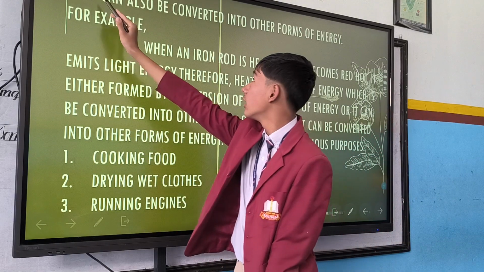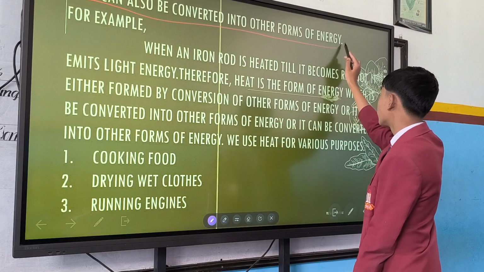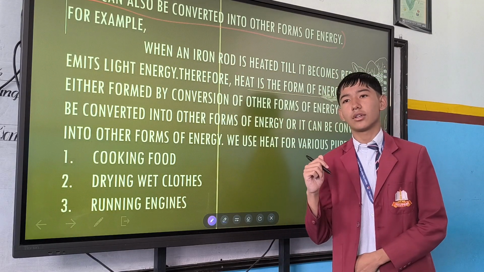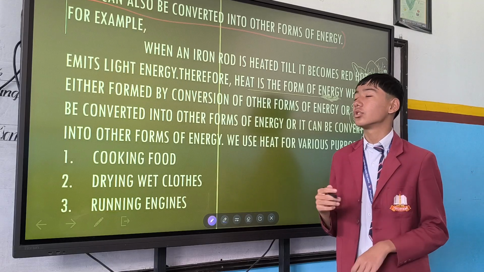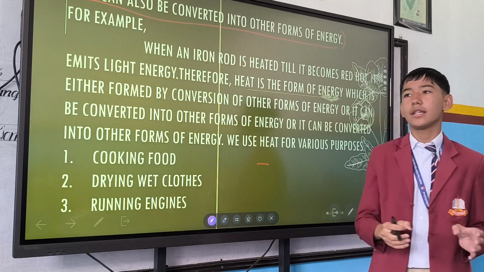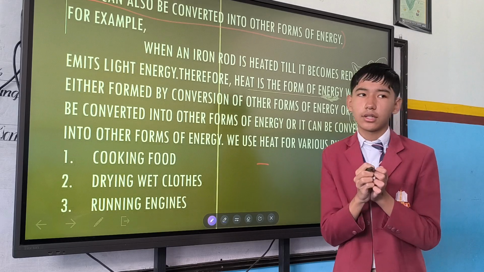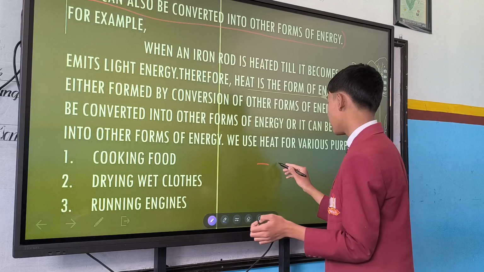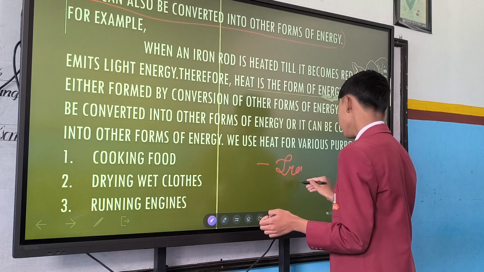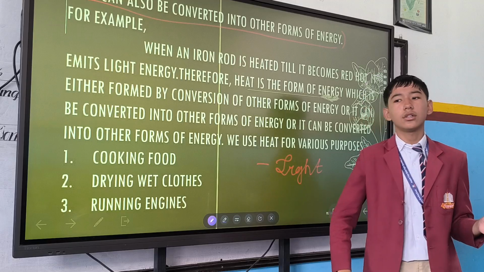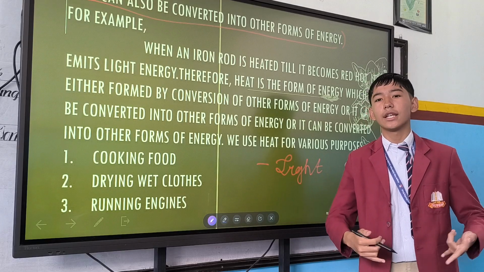As given here, heat can also be converted into other forms of energy. We have recently covered it in previous classes. By heat, it can be converted into many forms of energy, like light energy. Take the sun, or an electric heater.